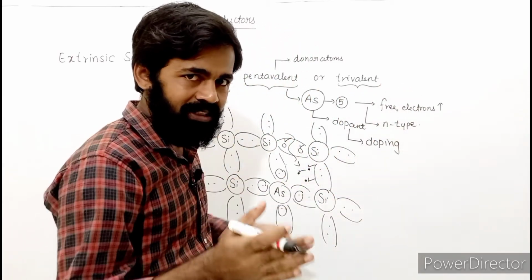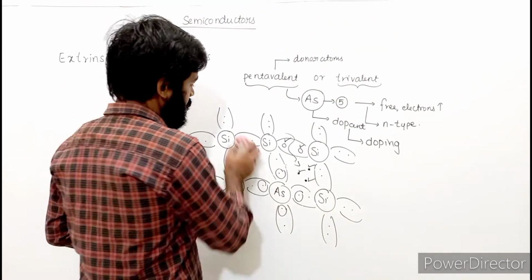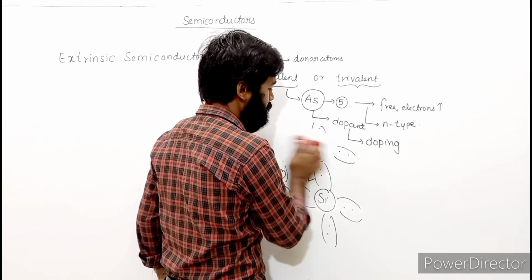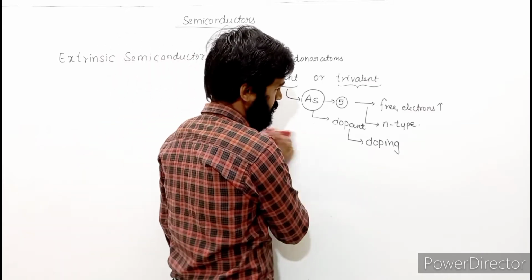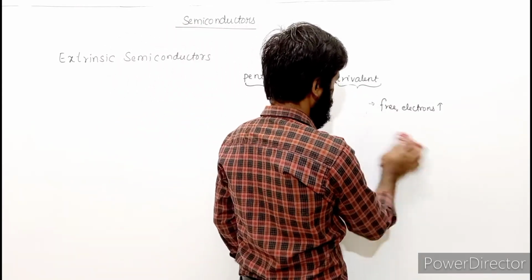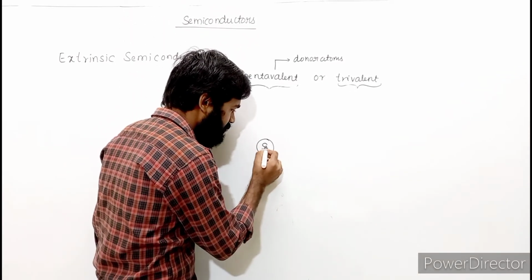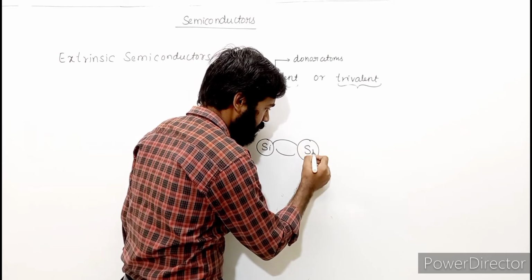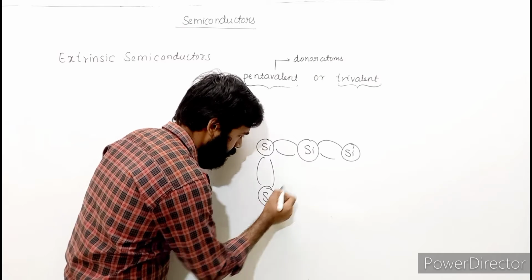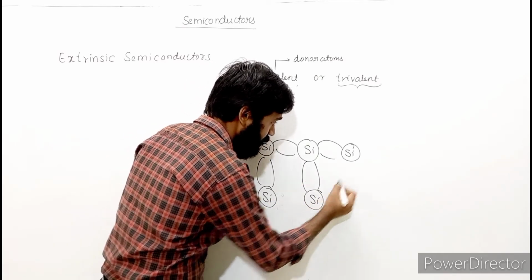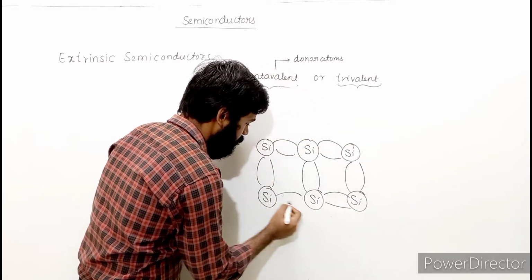Now let's see what happens if I add trivalent impurities. I'll just erase this part. Let's take the same silicon structure and form the covalent bonds here.